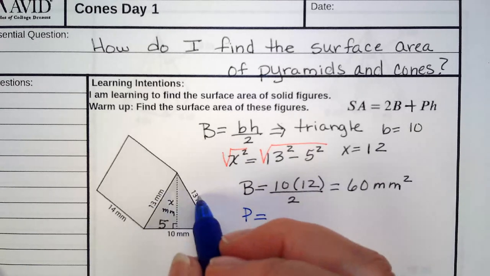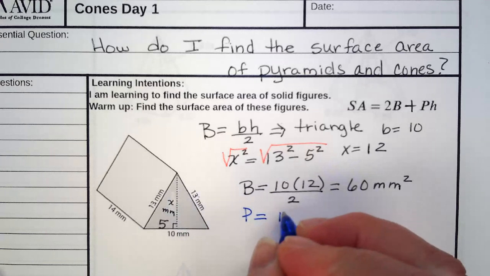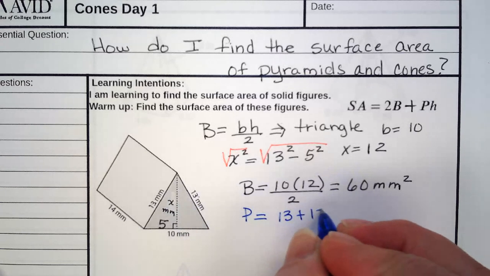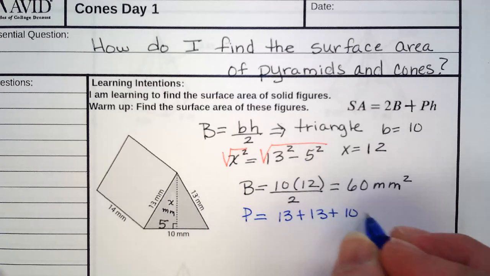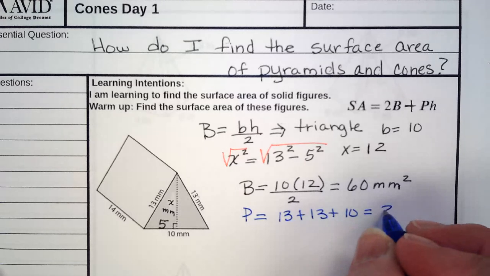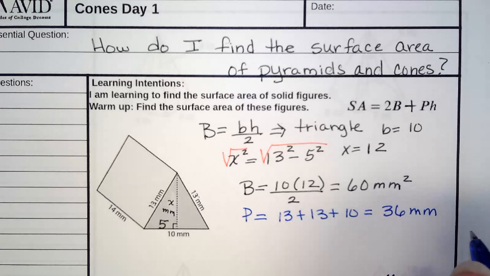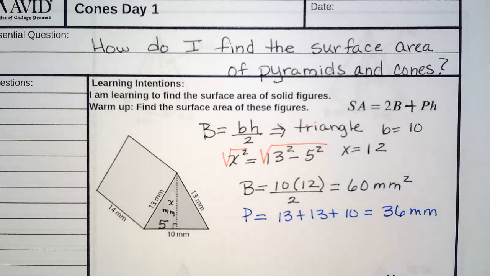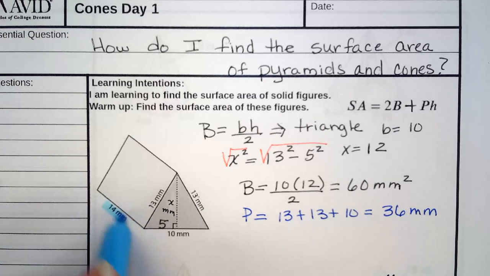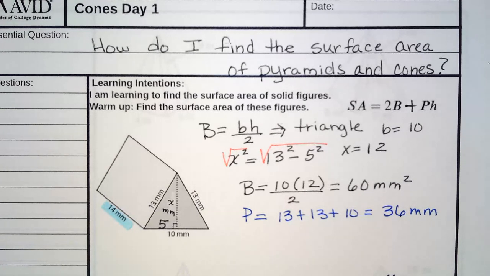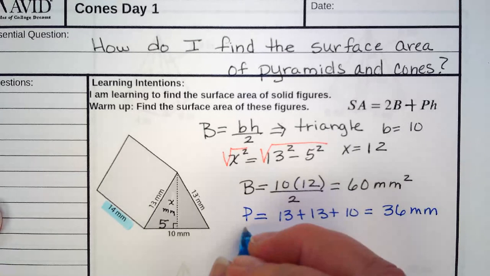So I've got 13 plus 13 plus 10. 26 plus 10 is 36, and that will be millimeters. The last thing I need is the height of the prism itself. So the h is 14.